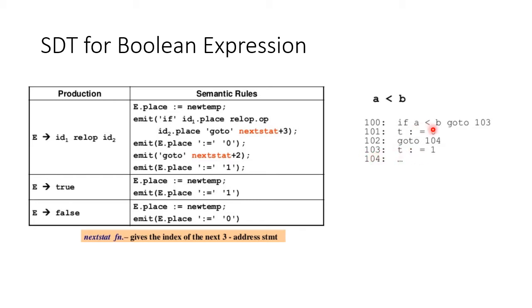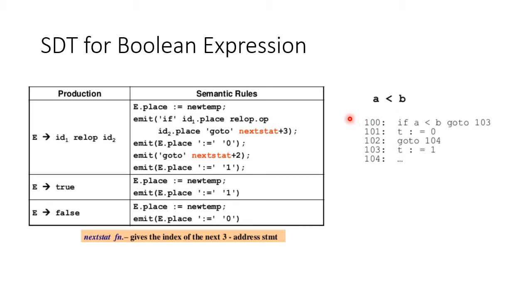If A less than B, go to 103. Otherwise, T equal to 0. Then we have to go out of this if condition. That is 104. Go to 104. These are the set of three address statements to be created for this Boolean expression A less than B.